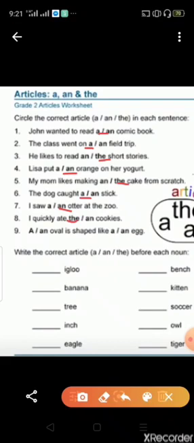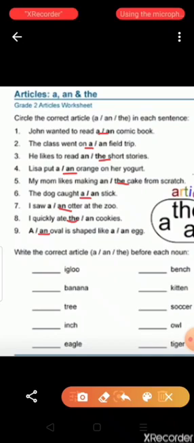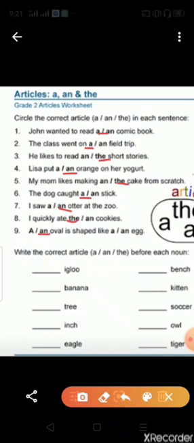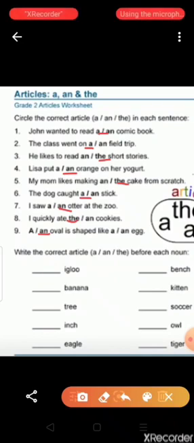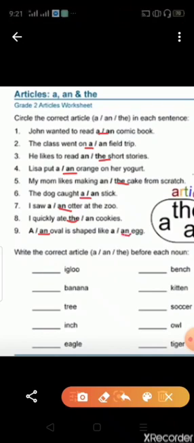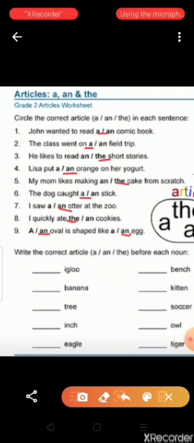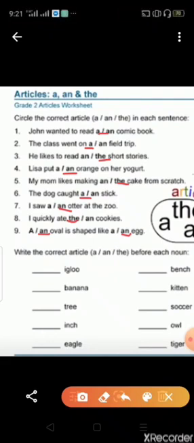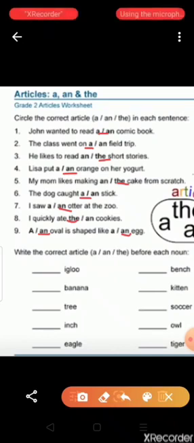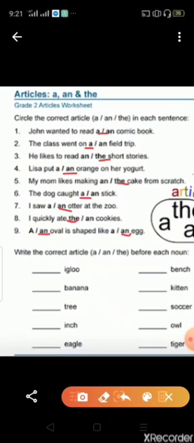So here the oval also has a vowel sound. So an egg is also a vowel, E is a vowel. So we are going to underline an.